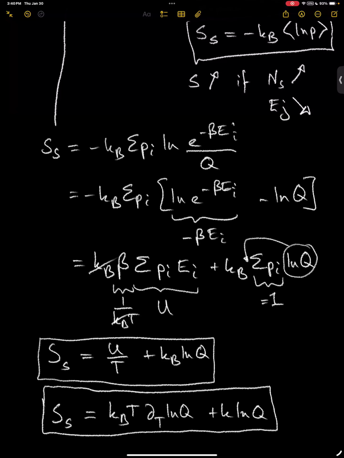But no, so Q is not the heat. Q is the partition function. Yeah, I'm sorry. So you have, indeed, the internal energy U, but the second part is the logarithm of your partition function, right? Just to remember, this is simply the sum over the Boltzmann factors.